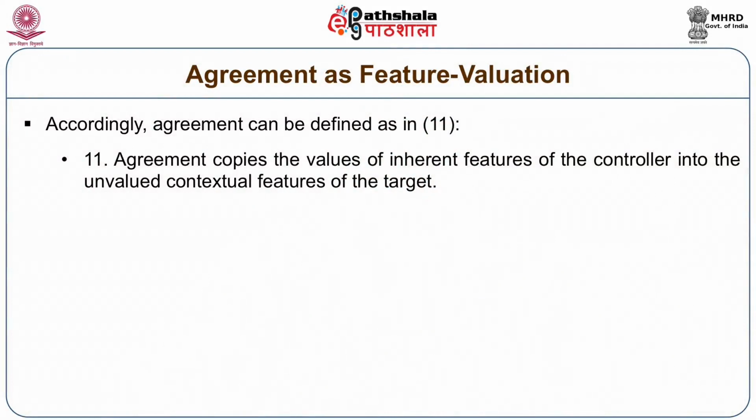Sticking with this feature valuation approach, we can define agreement as follows. Agreement copies the values of inherent features of the controller into the unvalued contextual features of the target.